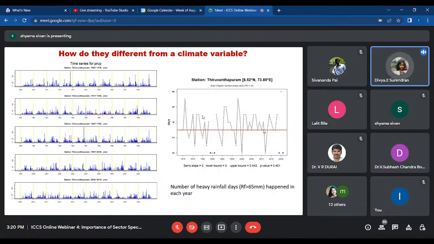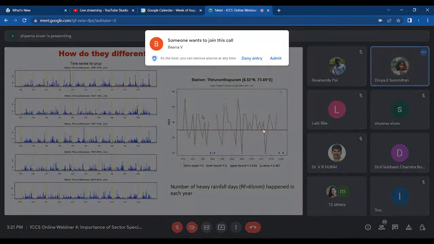So how the heavy rainfall days have varied over these years: here we can see there is actually no trend in this case. The index gives an idea of how the variable was changing during the period you are analyzing.